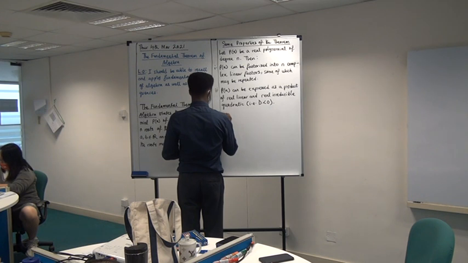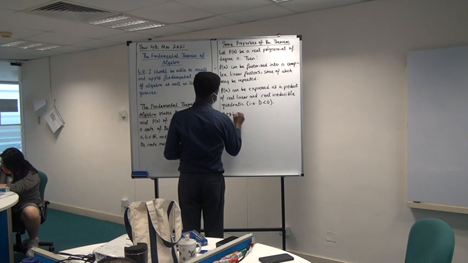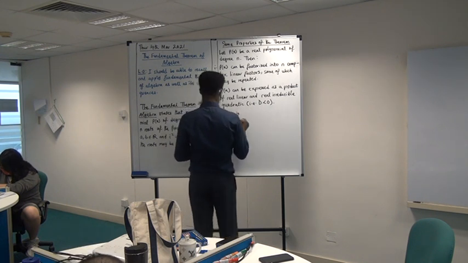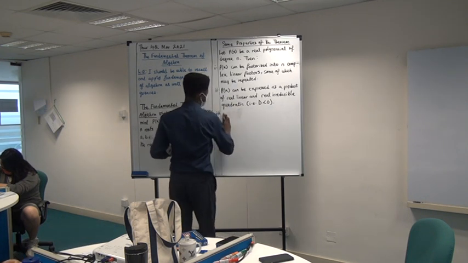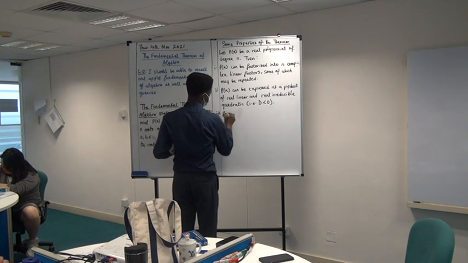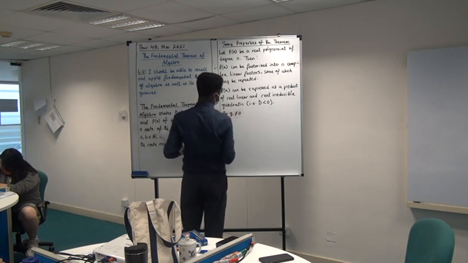So if it's a real polynomial, then p plus qi is a root, where q is not equal to 0.